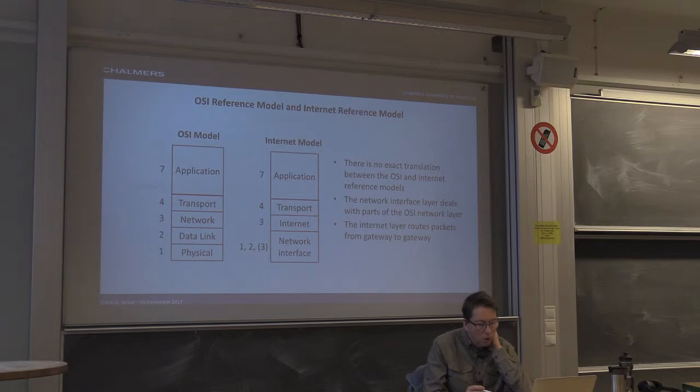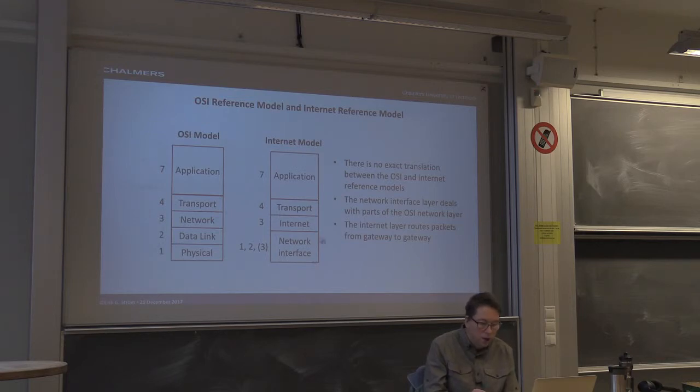Okay. Now, the internet model consists of 4 or potentially 5 layers, depending on which book you read. So it doesn't even have a consensus on how many layers there are in the internet model. In this course and in the book that we use, there will be 4 layers. The bottom layer here is called the network interface, and then there is the internet layer, transport layer, and application layer. There is no direct connection between the layers in the OSI model and the internet model.